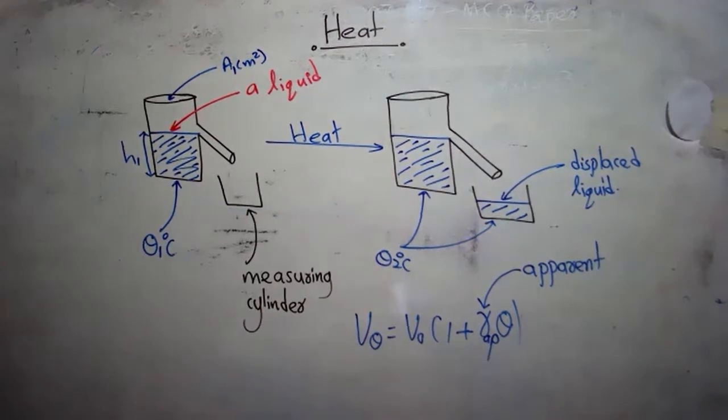Right. If the expansion of the vessel is neglected and only the expansion of the liquid is considered, that calculated value is said to be the apparent coefficient of volume expansion. Right.